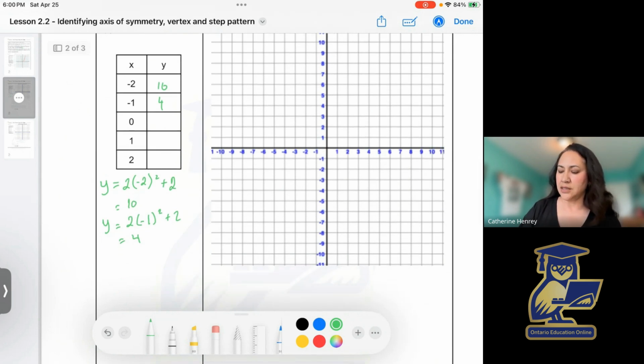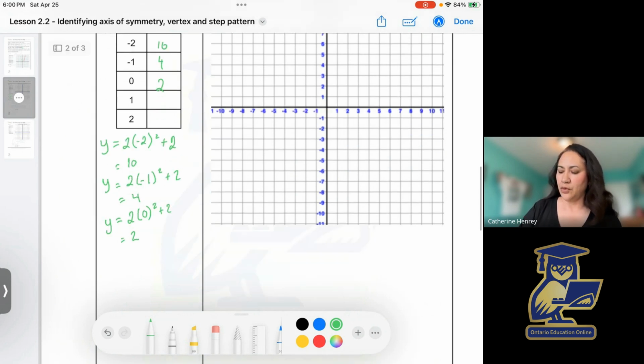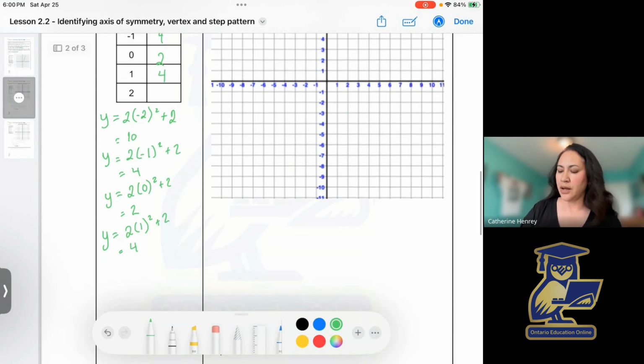If I plug in 0, y equals 2 times 0 squared plus 2, that equals 2. I'm moving right along, y equals 2 times 1 squared plus 2, that'll give me 4. And then finally, y equals 2 times 2 squared plus 2, and that will give me 10.